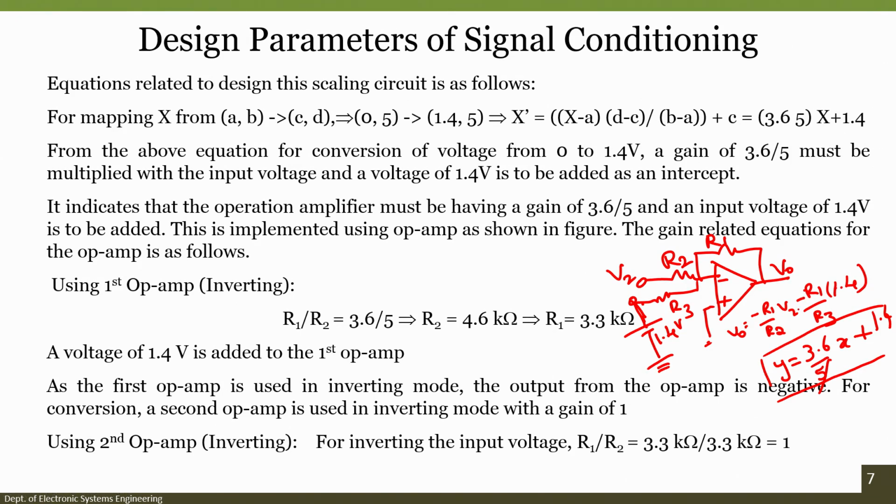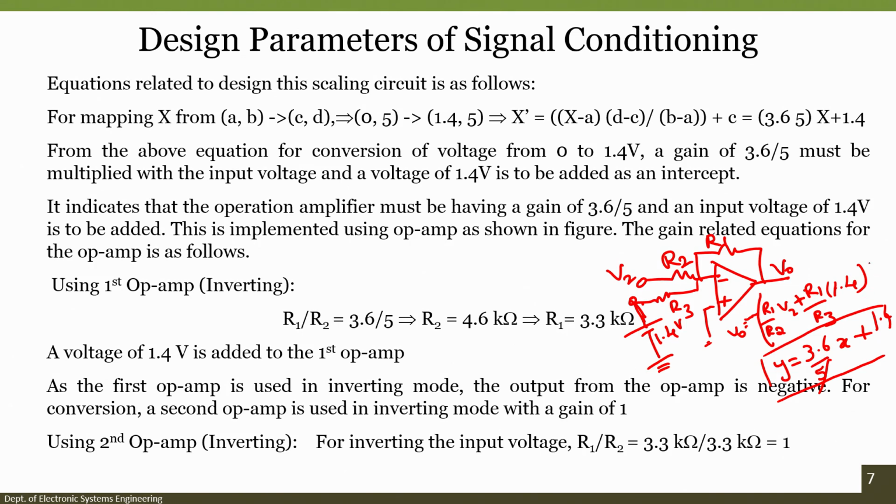Since the negative term is common, let me take the negative term out, and this is your equation. V naught is nothing but minus of R1 by R2 into V2 plus R1 by R3 into 1.4. Ideally, what is it here? It is just the constant 1.4.